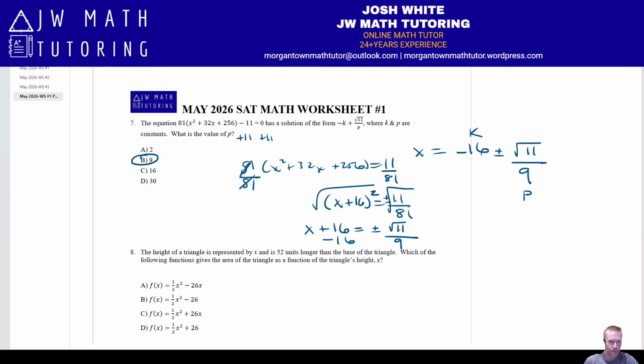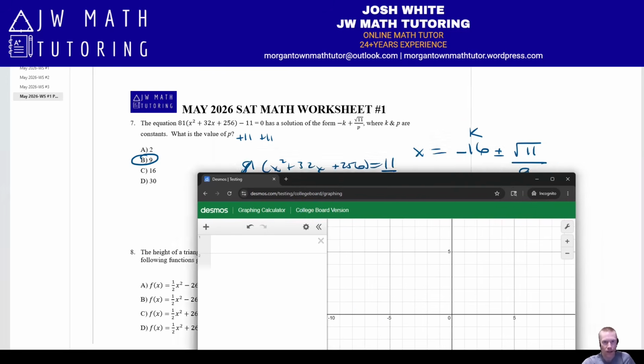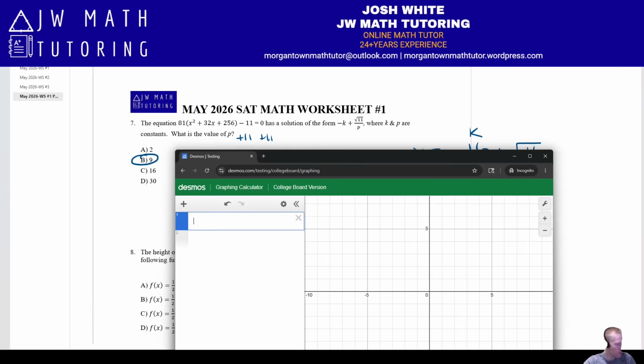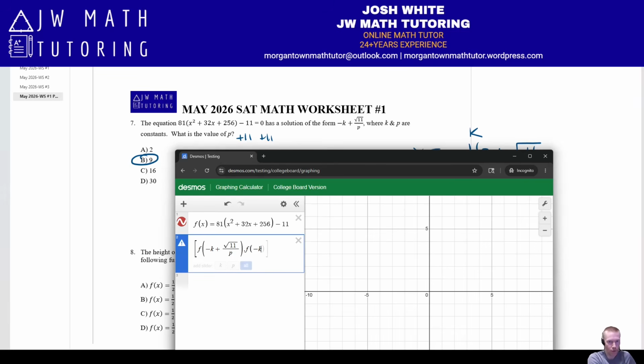Now, to solve this in Desmos, if you try to do the approach that I normally do with a quadratic equation with constants, it's actually not going to work. I think it's because the numbers are so large. So what I mean by that is if you just type in the function, and then because there's two constants, I'm going to put in both of them. When I say both of them, I mean both solutions.